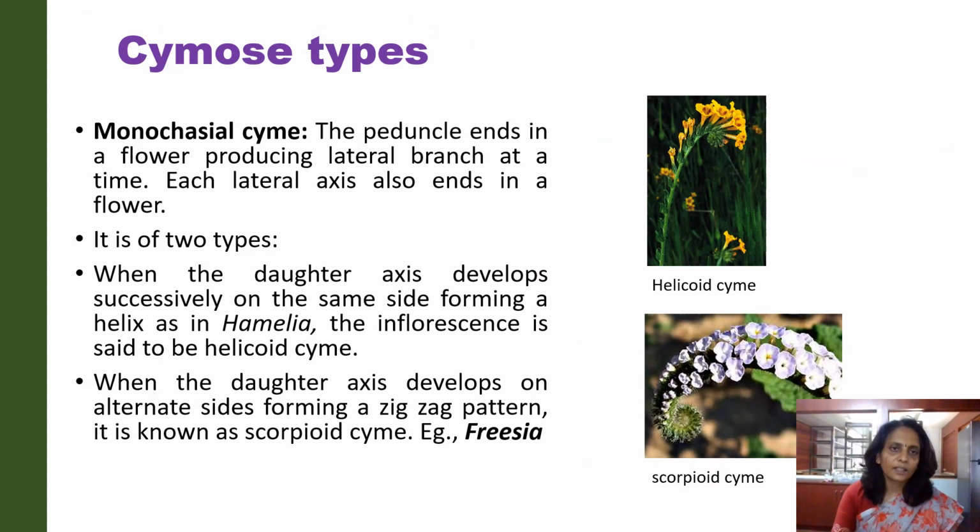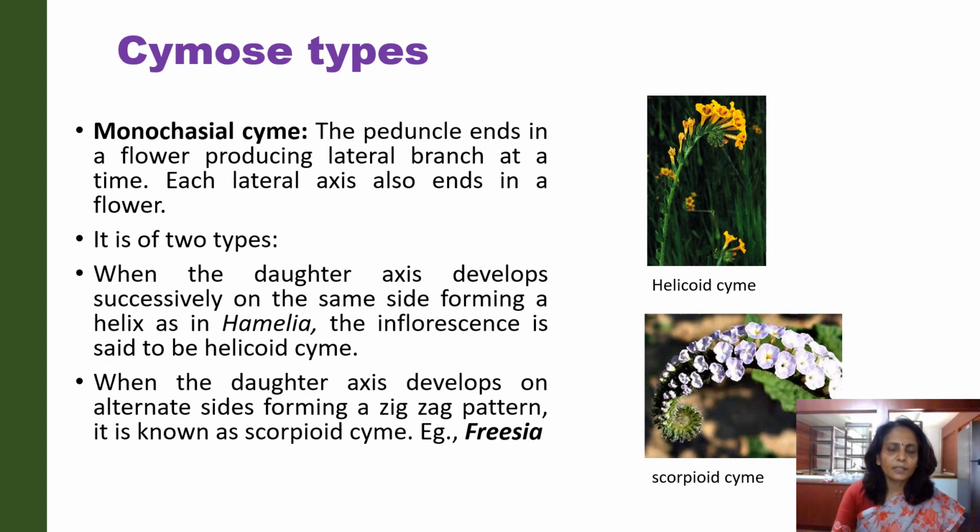Let us have a look at the cymose type of inflorescence. Under cymose, the first type is the monochasial cyme, where the peduncle terminates or ends in a single flower, producing one lateral branch at a time. Each lateral axis also ends in a flower. It is of two types, helicoid cyme and scorpioid cyme.